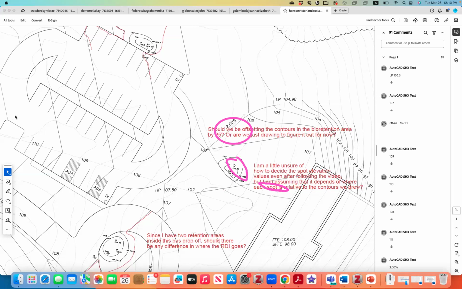Let me take a look at your elevations. So your HP is a little too low. Again, this is an 8 contour, and that is 7, and your HP is actually going to be on the high side with the other 07.